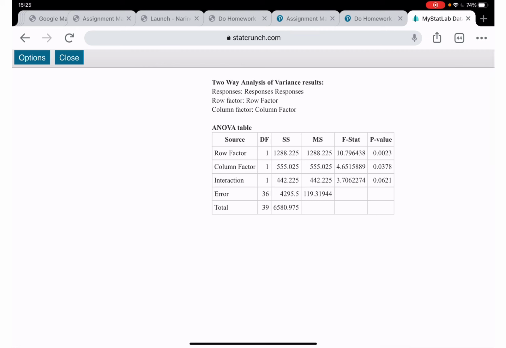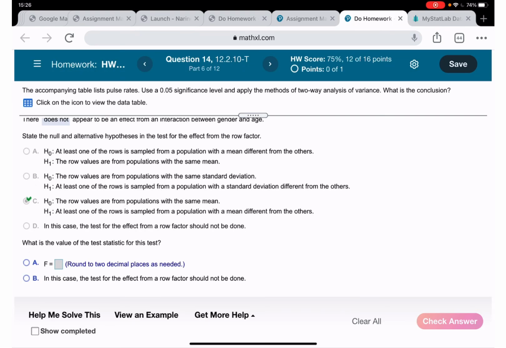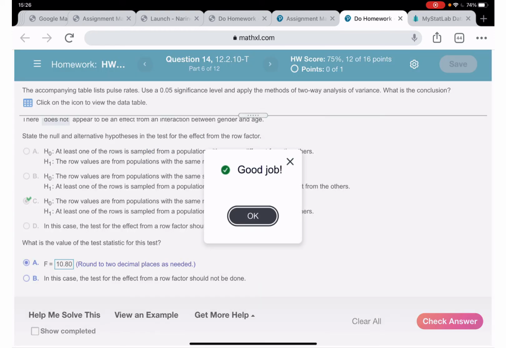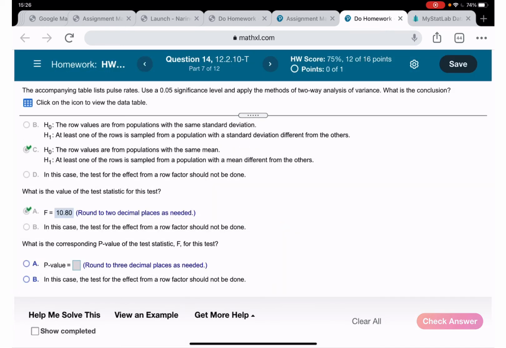Since it's based on the row factor, it's going to be 10.80. It's the row factor because we are looking for the effect between male and women, between below 30 and above 30. So it's the row factor. And 10.80, let's try. 10.80. Okay, we are doing a good job.